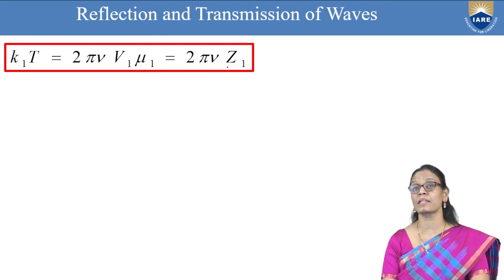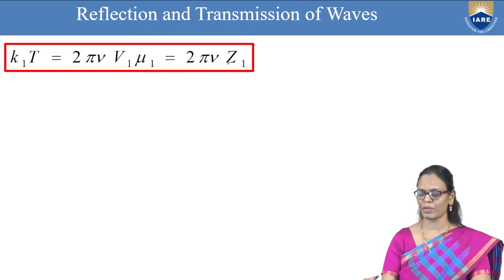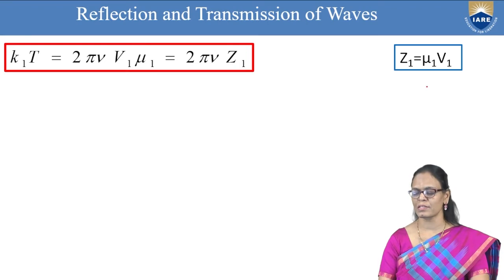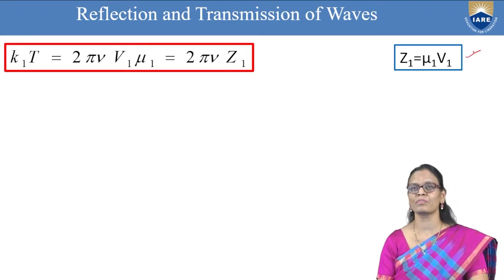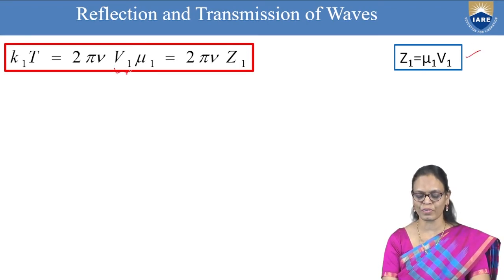Z1 here represents the impedance for the reflected wave. Impedance is given by Z1 is equal to mu1 V1. So we have substituted Z1 for V1 mu1.